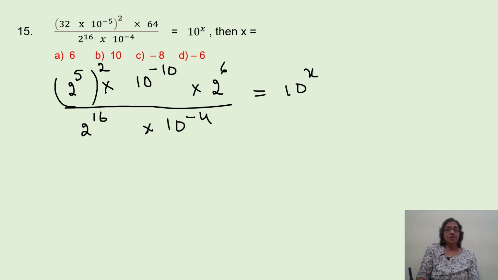Now I have got 3 terms which are of the same base, 1, 2 and 3, and I have got 2 other terms, that is the ones with the 10 and 10. Okay, so let's take the ones with the same bases together. Numerator, and I'll subtract the one from the denominator.